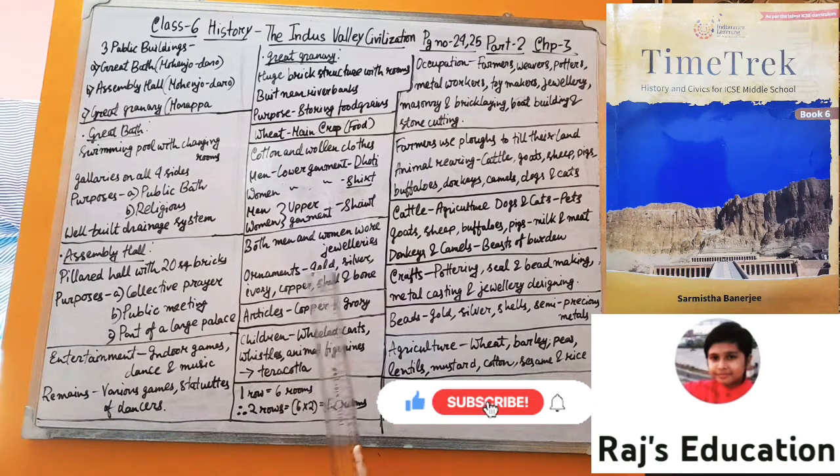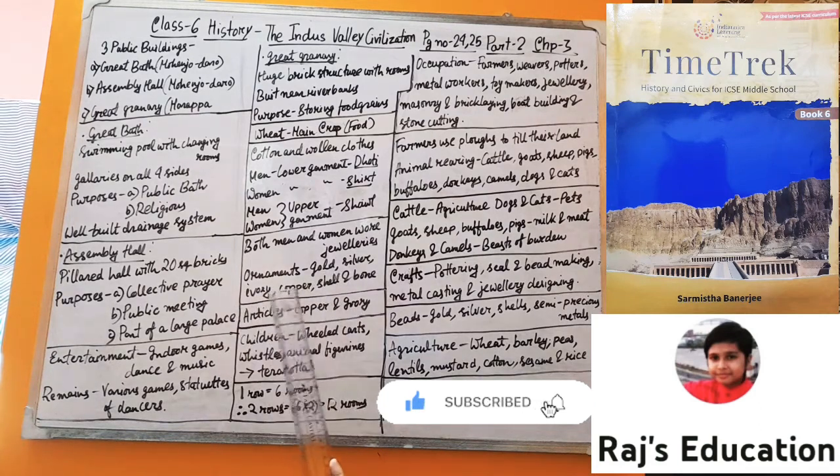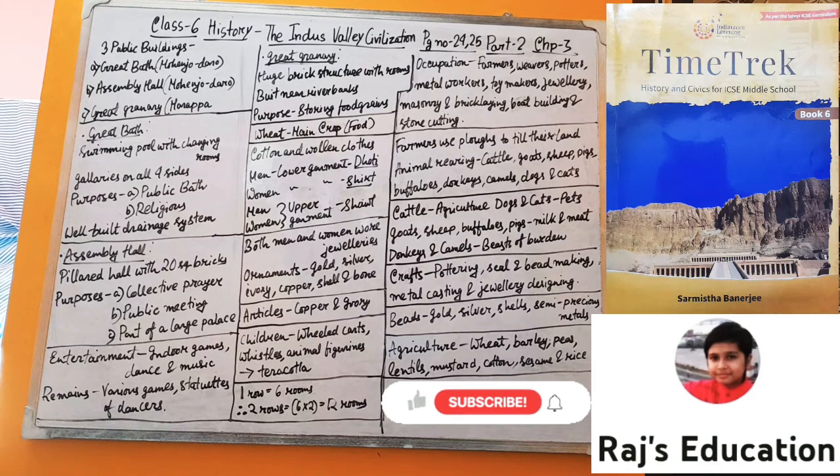The ornaments were usually made of gold, silver, ivory, copper, shell and bone. These were the main materials used for making the ornaments of that time.